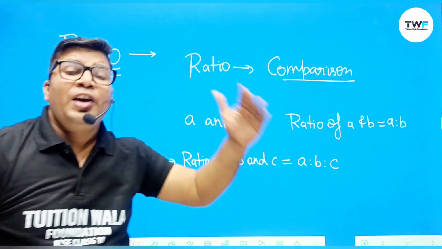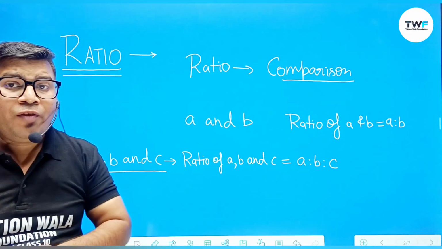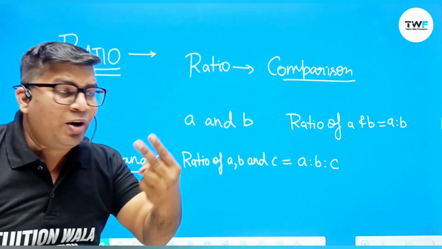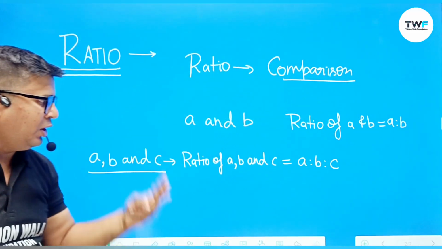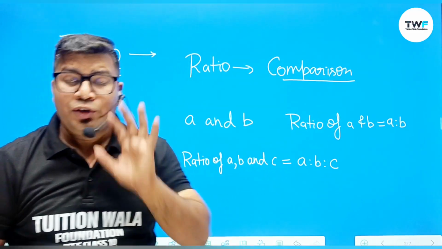Ratio means comparison of quantities. When you are comparing two quantities like A and B, the ratio will be A ratio B, and when you are comparing three quantities, the ratio will be A ratio B ratio C.